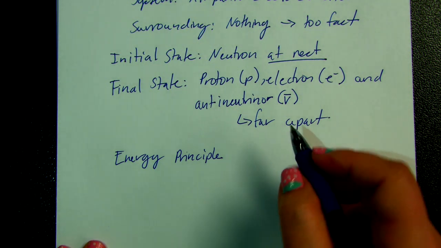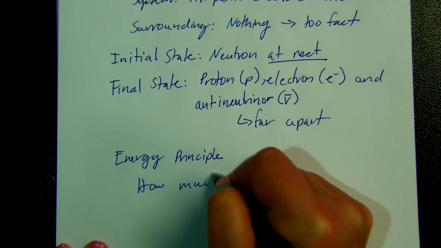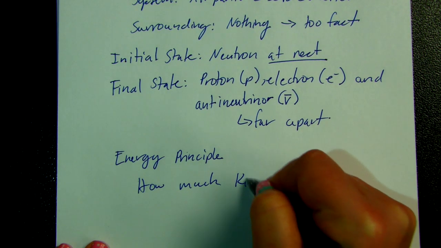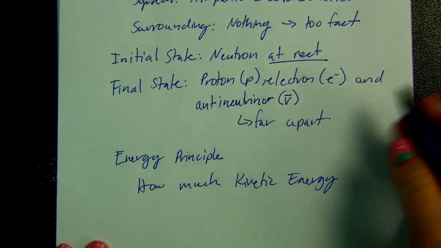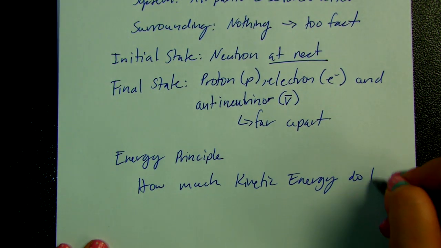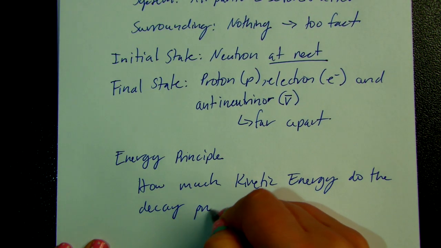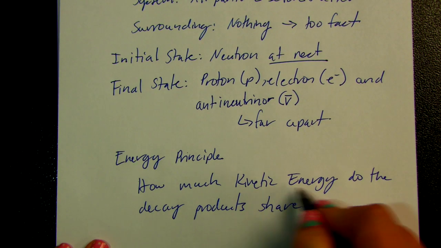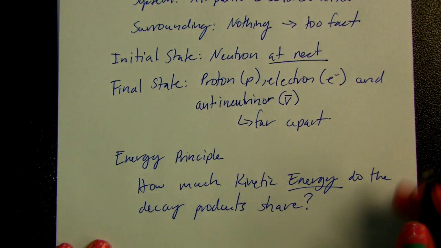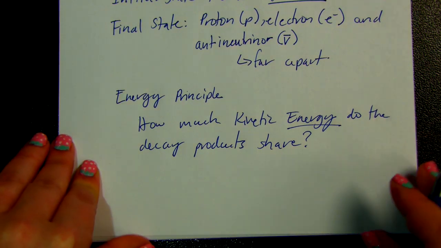And the question we want to answer is how much kinetic energy do the decay products share? So you're looking for energy. That pretty much indicates that we're going to be using the energy principle.